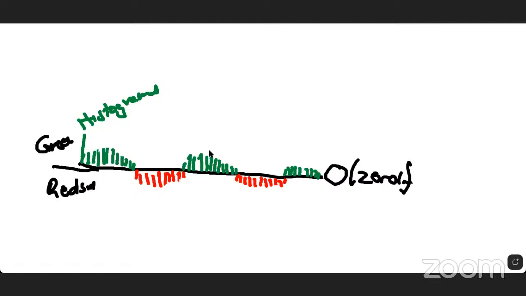Now, two lines appear. These two lines might start from below, then come down, then go up, then come down, then go up, like that.